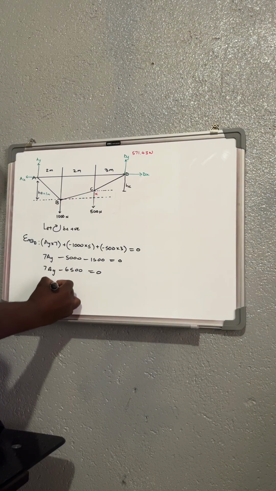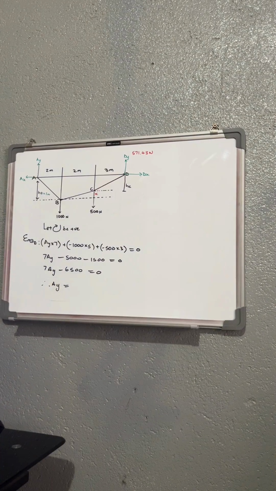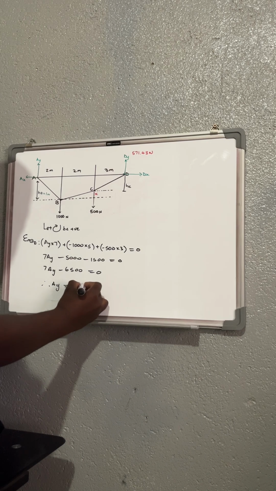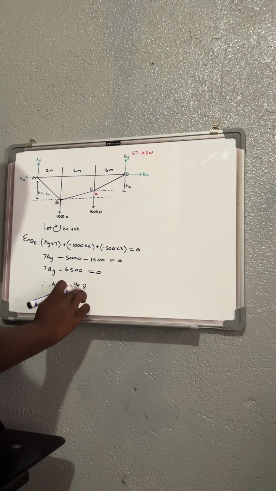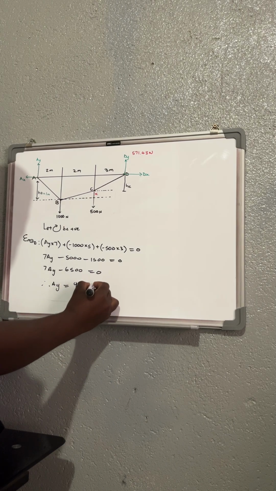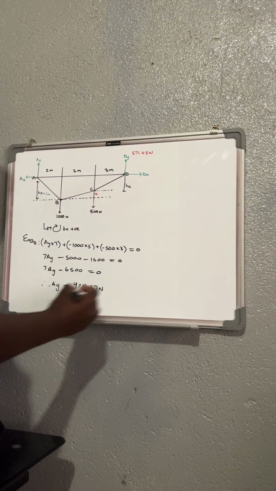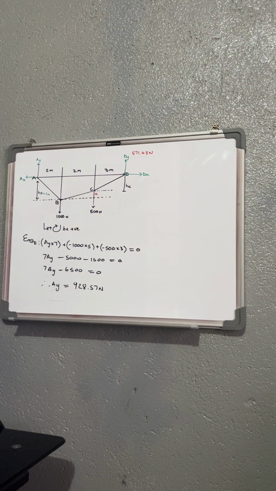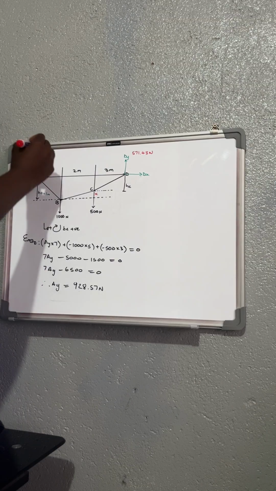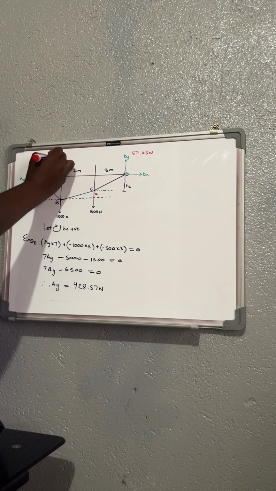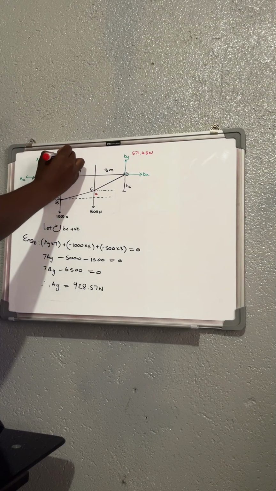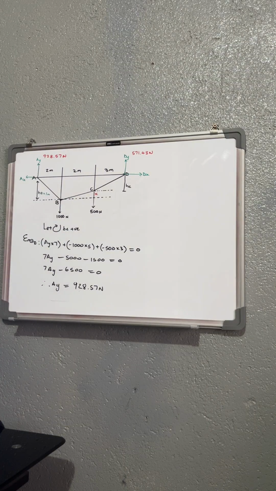Therefore, we can say our AY will be equals to 928.57 Newton. So we found our AY as 928.57 Newton. So we found those ones.